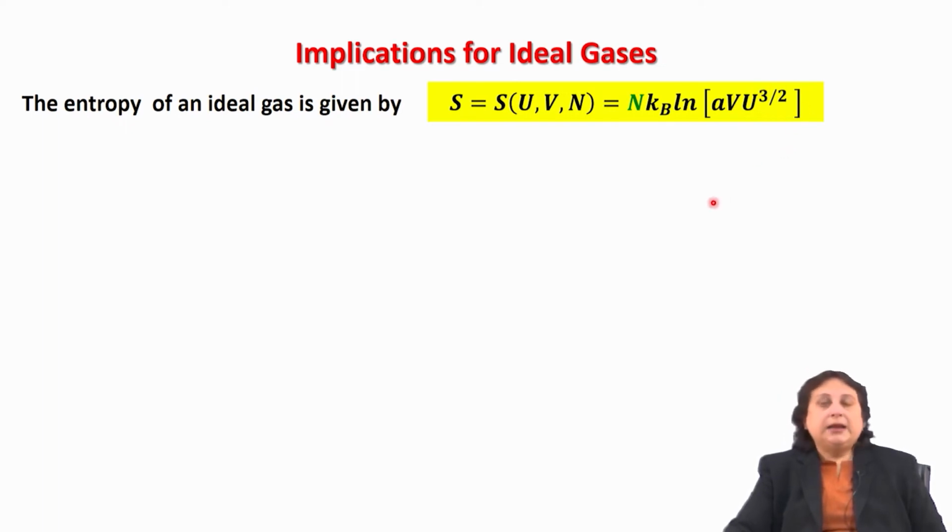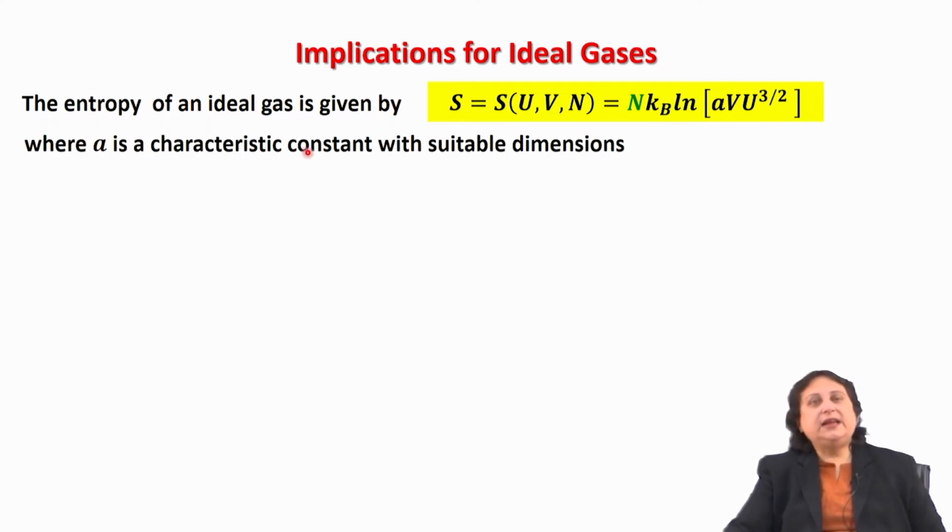Here N is the number of gas molecules and kB is the Boltzmann constant. You must understand that A is a characteristic constant of the gas, but it is not a dimensionless quantity, because you can only have a dimensionless quantity within a logarithm. Therefore, A is there to cancel out the dimensions of volume and U.